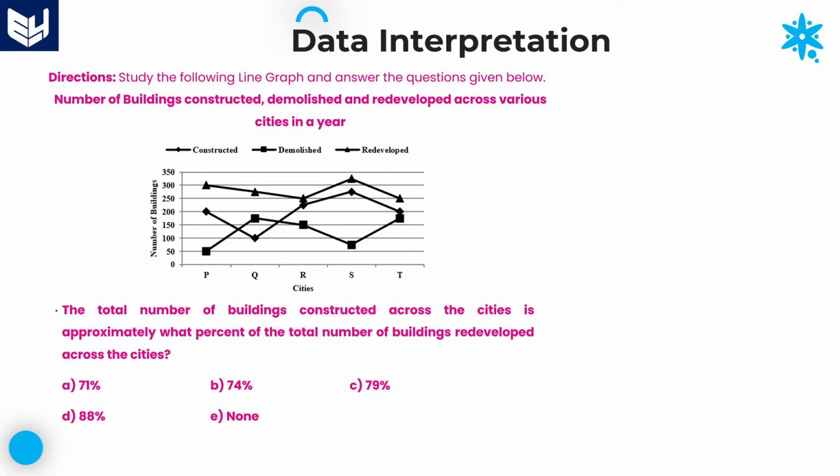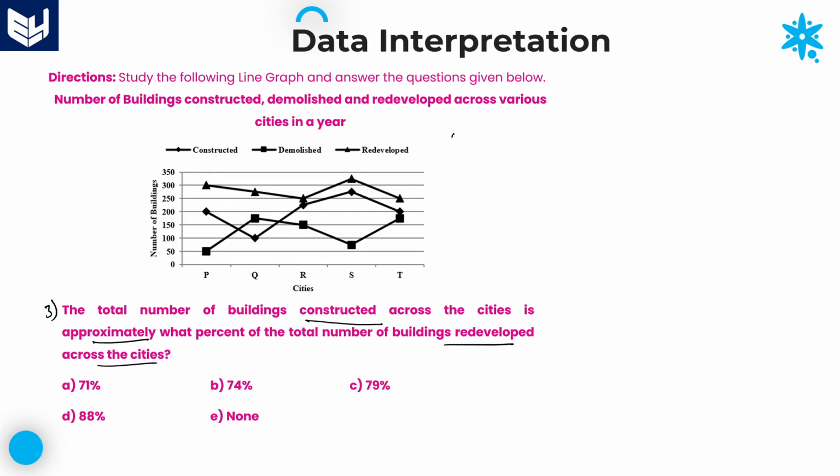See the third question given in this session: the total number of buildings constructed across the cities is approximately what percent of the total number of buildings redeveloped across the cities. Here we have to calculate a percentage value.